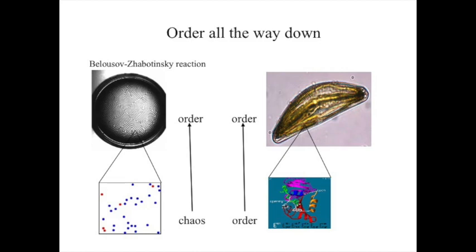But what he claimed was that life was different, that living organisms have order all the way down. Now, this is an animation of how an enzyme works, so biochemists will be familiar with it, but essentially it is order all the way down. Enzymes are highly structured objects, and so is DNA, and so are the other biomolecules of life. So in inanimate objects, there's disorder at the molecular level and order at the macroscopic level. Life has this structure, order all the way down. That's what Schrödinger claimed.